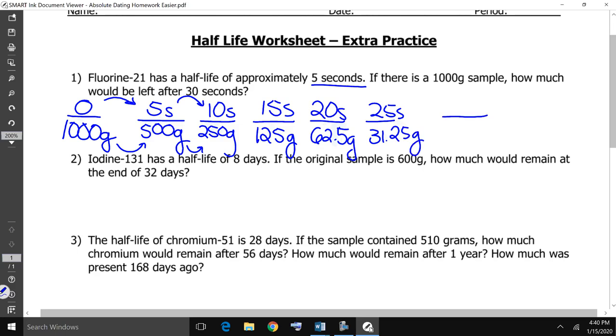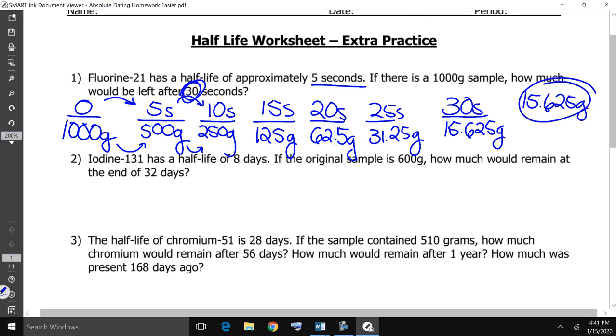And then our last half-life, where it's asking 30 seconds, is 15.625 grams. So our answer to the question, how much would be left after 30 seconds, is 15.625 grams will be left after 30 seconds.